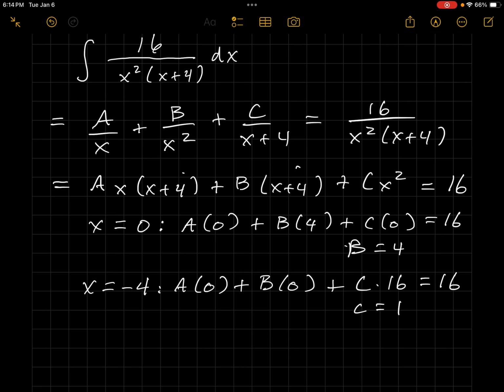Now, at this point, I choose anything. I'm hoping x equals 1 will give me some nice numbers. I can't choose any other x's to 0 factors out. So if I plug in x equals 1, I get a times 1 times 5 plus b, which is 4, we already found that, times 1 plus 4 times 5, plus c, which we already found, which is 1, times 1 squared, and that must equal 16.